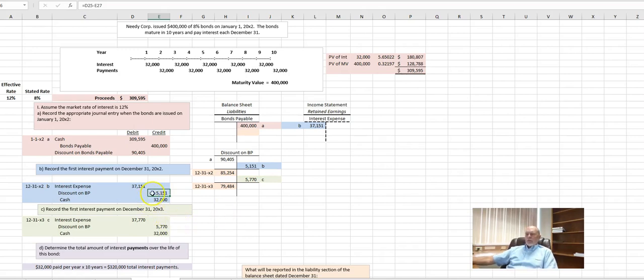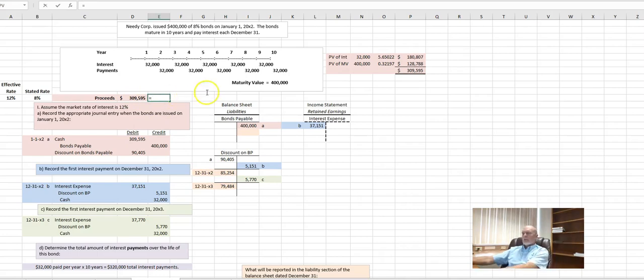So when we amortize the discount, that leaves a remaining discount of $85,254. Now if you'll notice, the carrying value at the end of the first year, let me recalculate that.